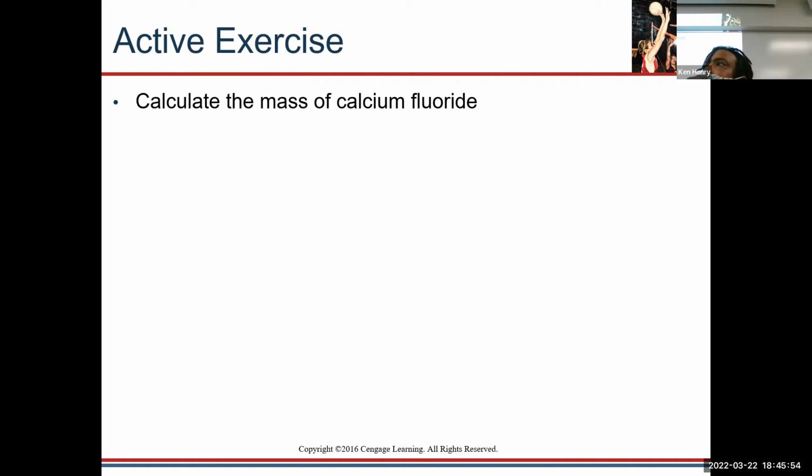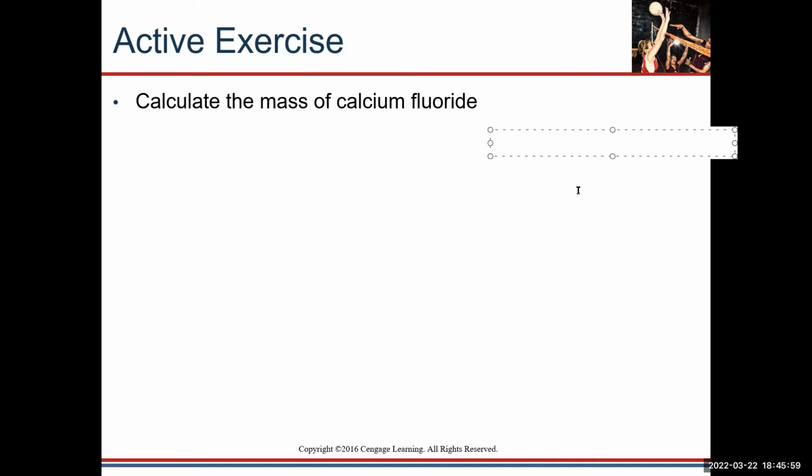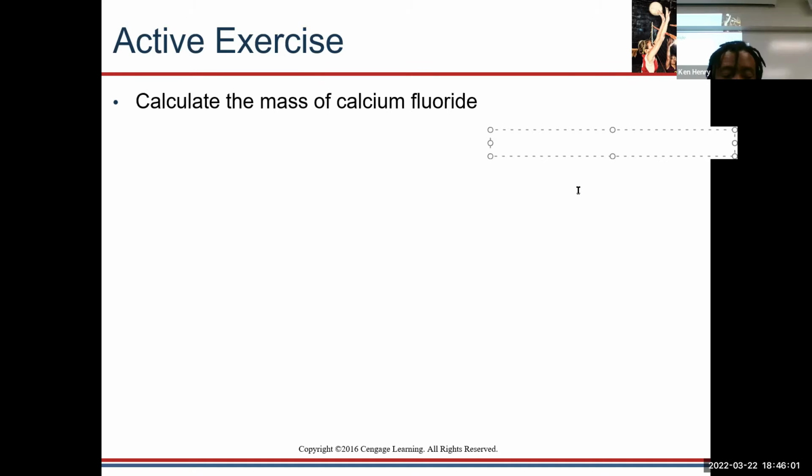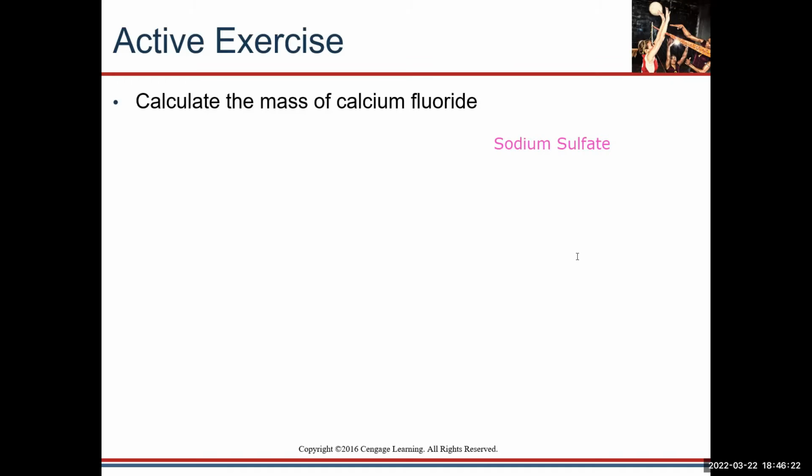Let's say we had sodium sulfate. So the chemical formula would be Na, and for sulfate, it'd be SO4.